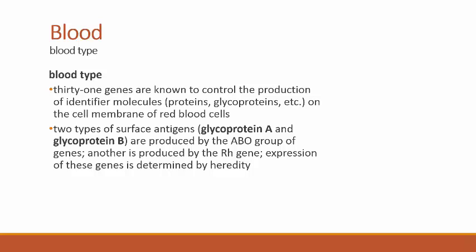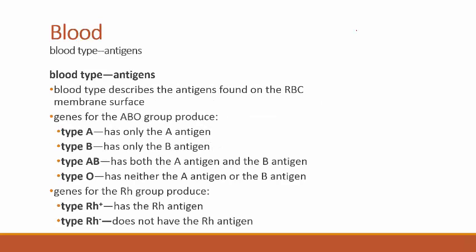So let's try to get in a little bit more and see what all this means. If this is a red blood cell and you want to explain blood type, you've got to first understand what the surface antigens on the red blood cell are.